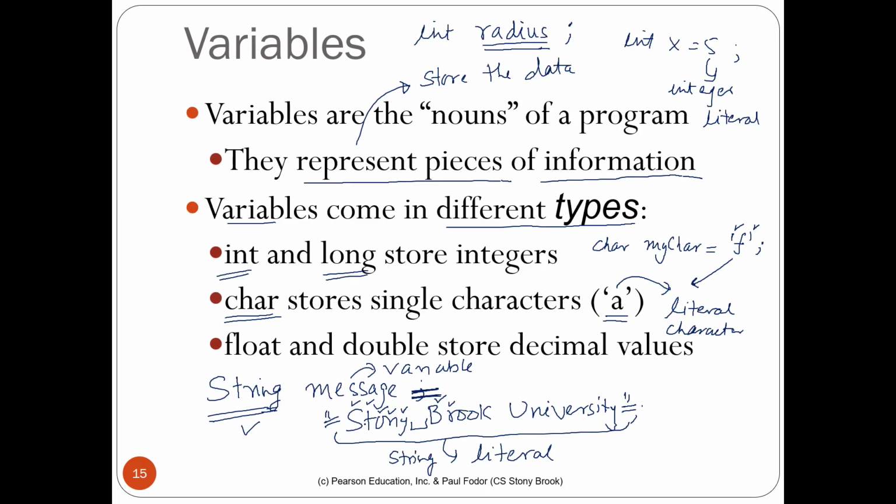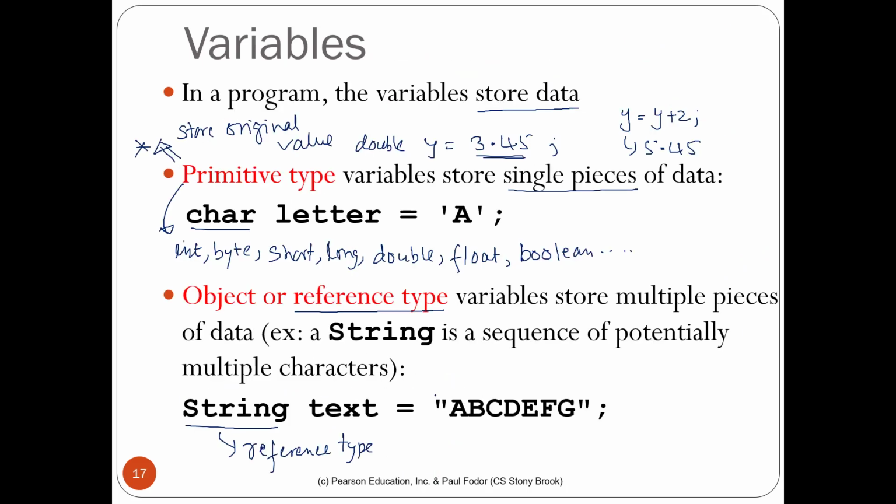So here in the message you have what? 1, 2, 3, 4, 5. 5 characters, then a space character, 6, 7, 8, 9, 10, 11, then a space character, 12, 13, 14, 15, 16, 17, 18, 19, 20, 21, 22. So you have 22 characters in Stony Brook University, which is in fact the string literal. And in the message, you have 22 or 24, I forgot what I counted. So it has more than one piece of information, all the characters.